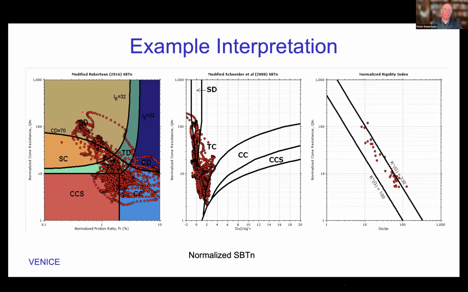The chart on the left is the traditional soil behavior type, and you can see that most of the fine-grained soils are contractive. The denser sand layers are dilative at large strains. So you can see the dilative sand layers and then some silty sands that are still marginally dilative. The silts and then the clays are contractive, and some of the clays are actually getting into the sensitive region.